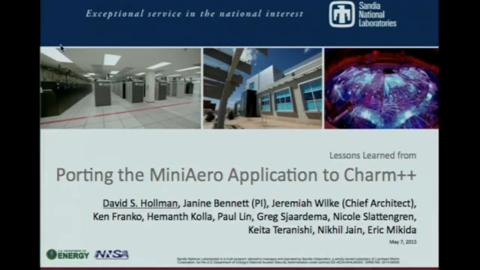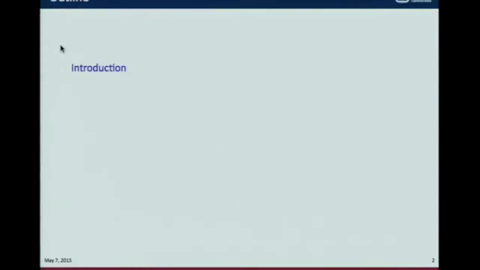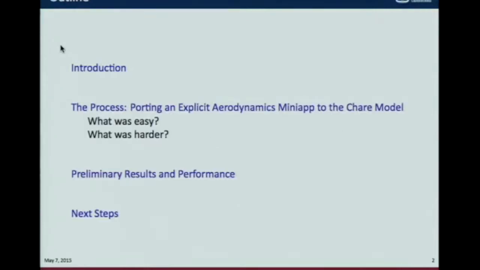I know there are quite a few different runtimes being used across the labs right now, and so we're trying to consolidate and figure out, for porting large applications, what is the best path forward. So I'm going to introduce my topic and talk about the process of writing the code.